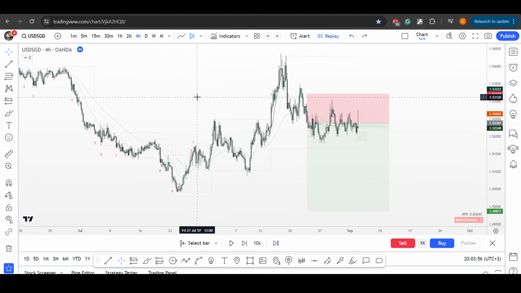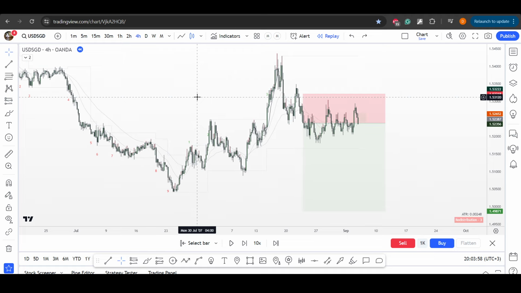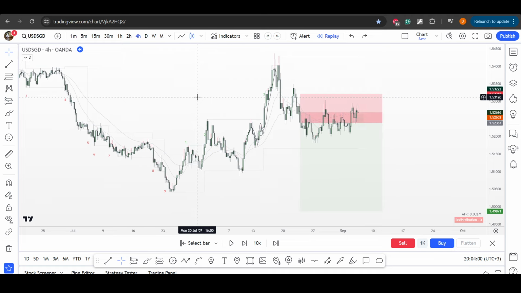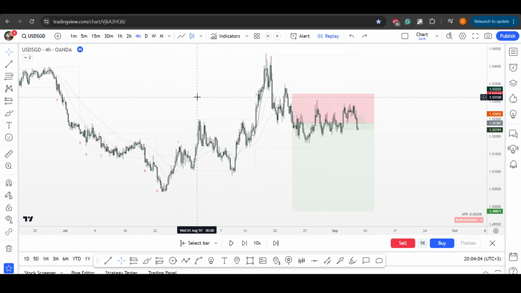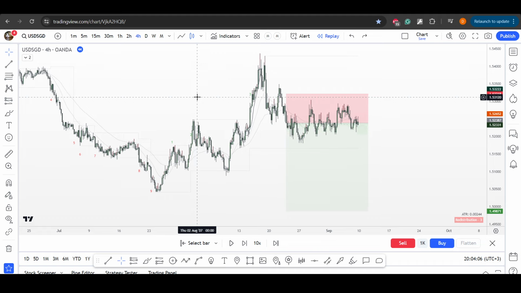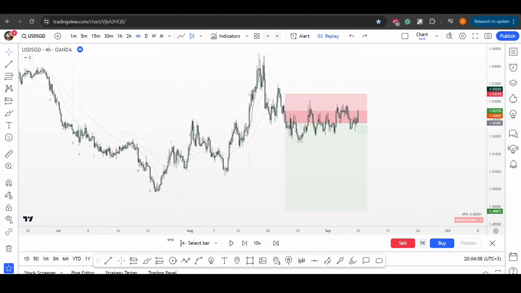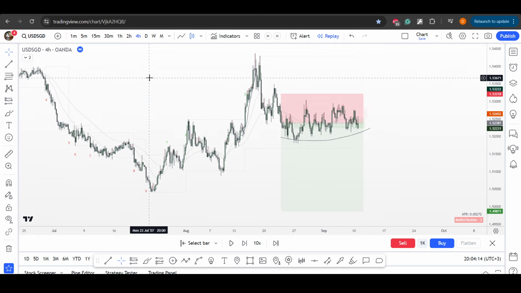So we are just ranging, approach and stop loss, create an impulse correction and possible impulse to the upside. Let's see. Yeah, so price is just holding itself up here and not looking good for the trade.